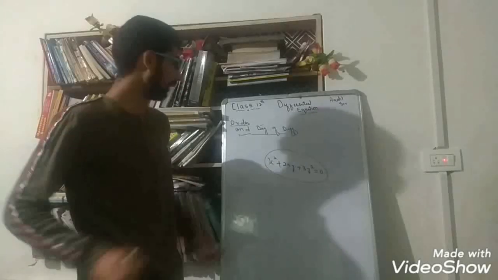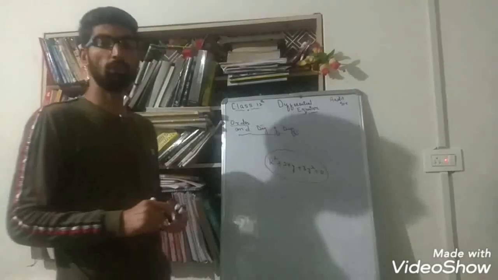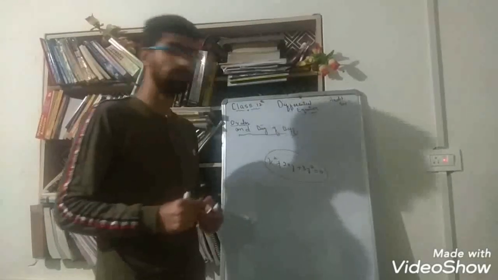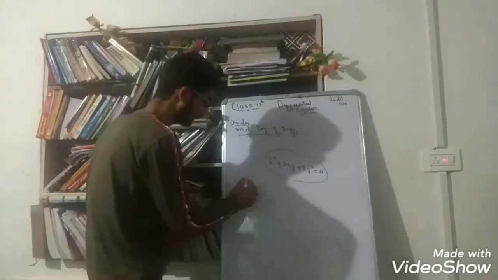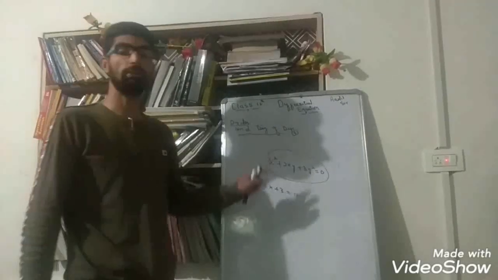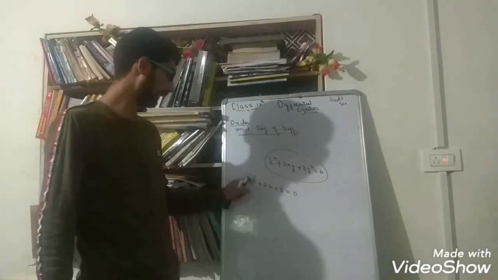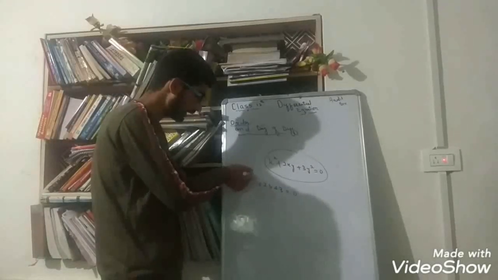Clearly we don't know how to find the degree of this, because we only know the degree of those equations which are polynomials in one variable. For example, x square plus 2x plus 3. We know the degree of this equation: it is the highest power of the variable.